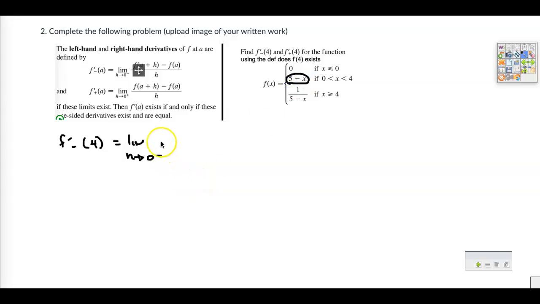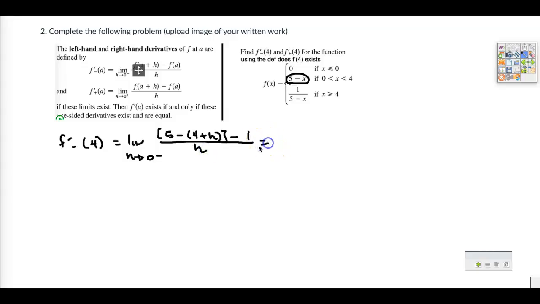So that is going to be, in the numerator, 5 minus a, where a is replaced with 4 plus h, minus f of a, which is 5 minus 4, which is going to be 1, all over h.